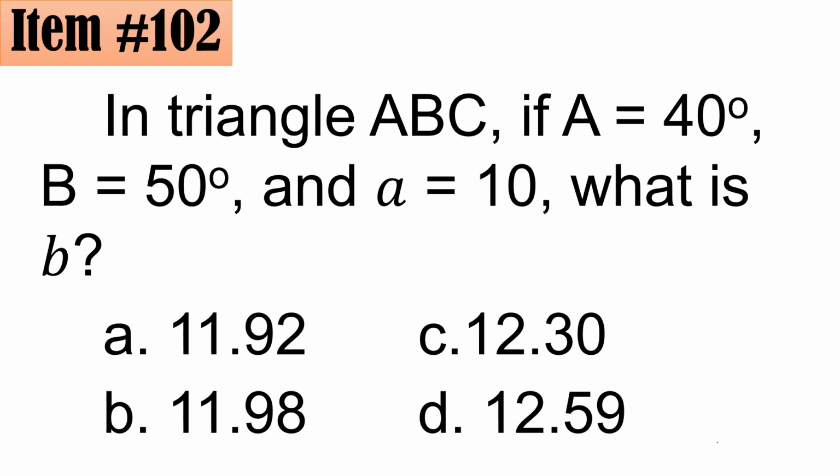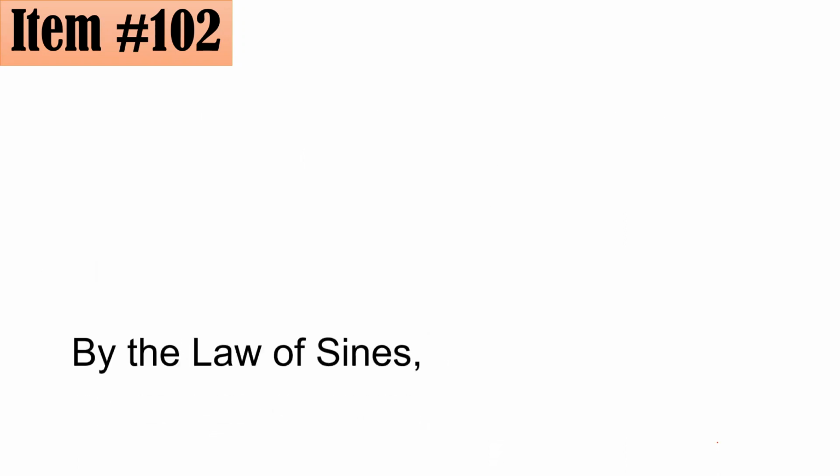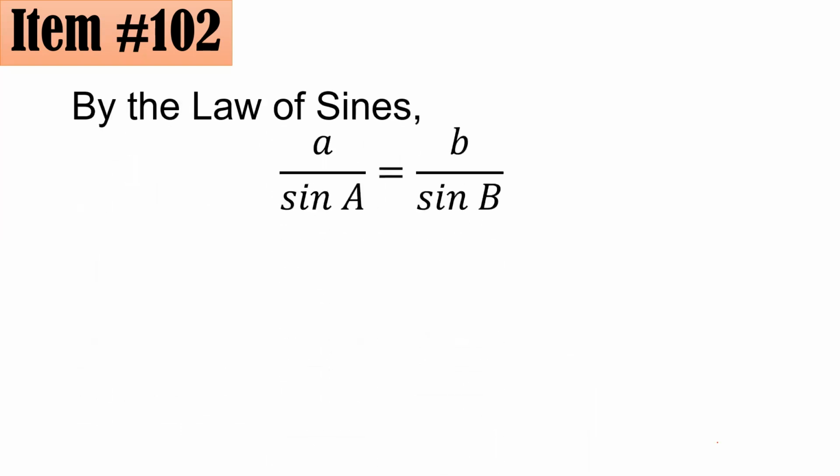Shall we use law of sines or law of cosines? Okay, I agree. Thank you po, Sir Chad. And we will use what we call the sine law. Kasi, by the law of sines, actually tatlo yan. a over sine A equals b over sine B equals c over sine C po yan.